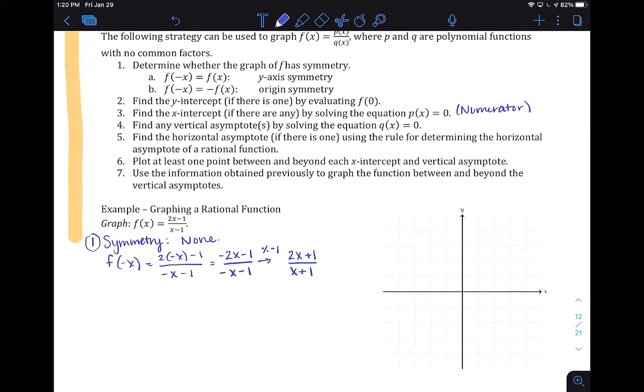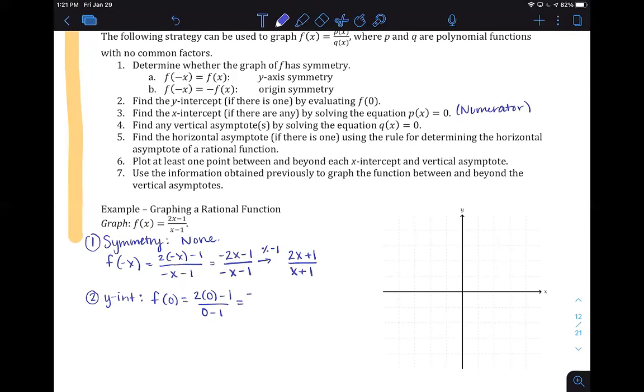All right, second step, we want to find our y-intercept. The way we find our y-intercept is we look at finding f of 0, meaning we just plug in 0 for our x's. So we have 2 times 0 minus 1 over 0 minus 1. Well, what's 2 times 0? 0.